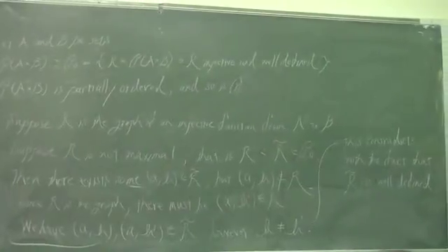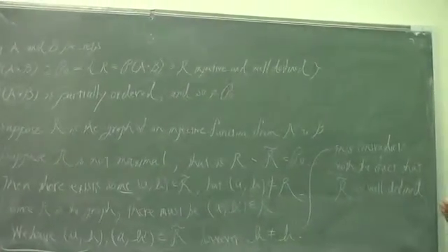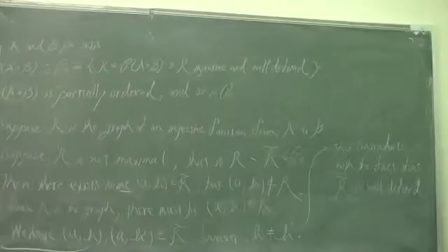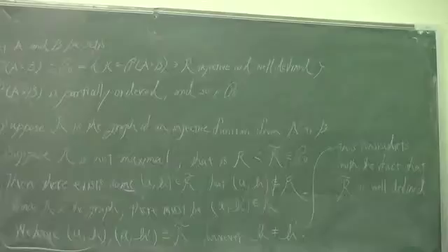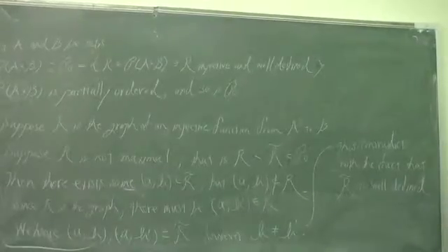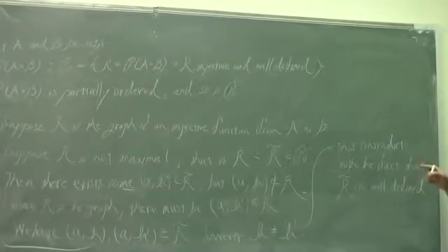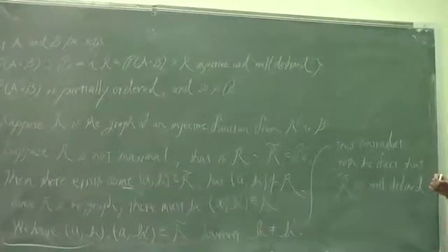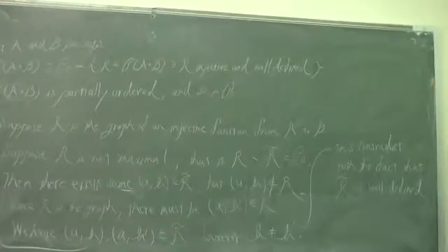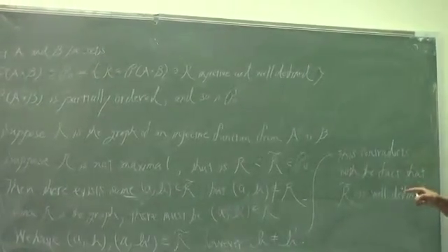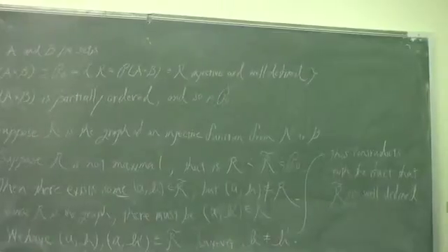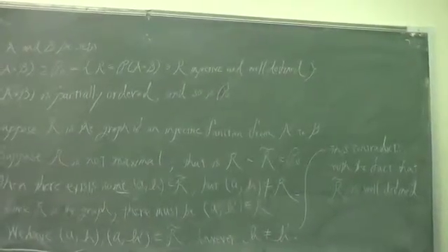Okay, so if R is the graph of a function from A to B, then it's maximal, right? Yes. Step 2, if R bar is the graph of an injective function from B to A, then R bar is maximal, right? And by the way, if R is maximal, then R bar is maximal. Are we trying to show that R is maximal?